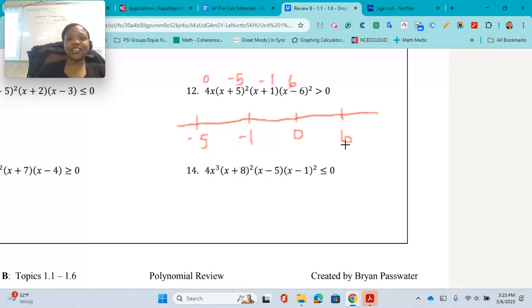Now let's look at what is the degree. Make sure you read all of the exponents. So this one is 2. This one is 1. So that's 3 plus 2, 5. And how about this one? 1. So that is a total of 6 degrees. The degree is 6.